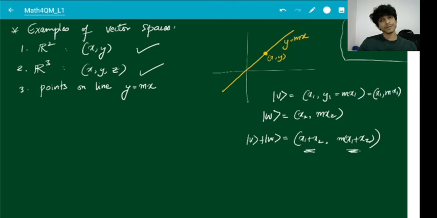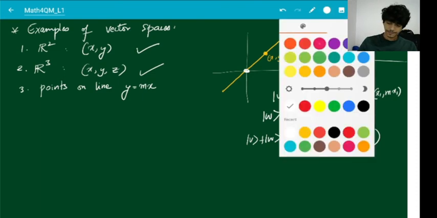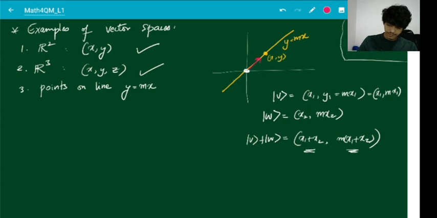Similarly, if I do scalar multiplication, you take a vector and scalar multiplication is just stretching, so it will stay in the same direction. So scalar multiplication also gives you a vector in this vector space. Is there a zero element in this vector space? Yes, there is. That is again this point 0, 0. And similarly, for any vector, there is also the negative of that vector, which also lies on the same line.